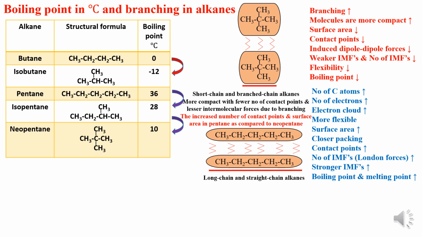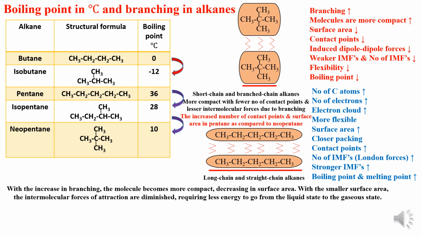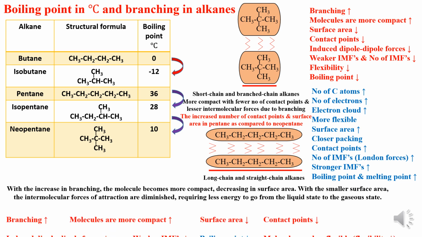So in case of molecules with branching, the flexibility is less, and the end result is a decrease in the boiling point. So with the increase in branching, the molecule becomes more compact, with a decrease in the surface area. So with the smaller surface area, the intermolecular forces of attraction are diminished, requiring less energy to go from the liquid state to the gaseous state.